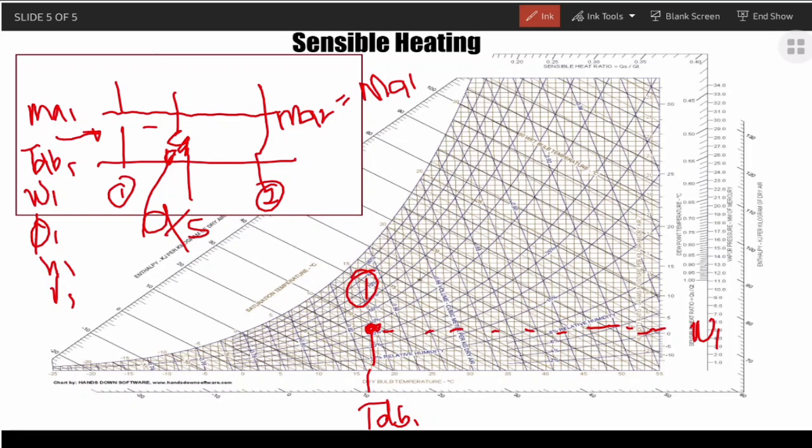Since we don't have any leakage or any entries of air, the mass remains constant, while the dry bulb temperature 2, for example at this point, has been increased, which is greater than dry bulb temperature 1, and the humidity ratio 2 will remain the same since we're talking about sensible heating only. Also, we take note that the relative humidity 2 has reduced.